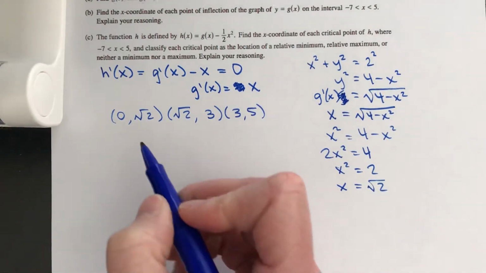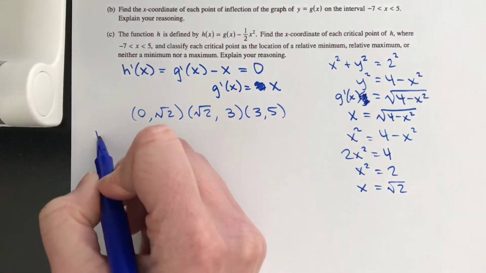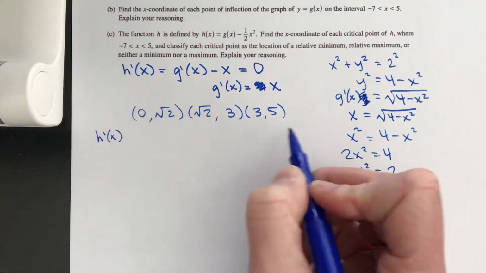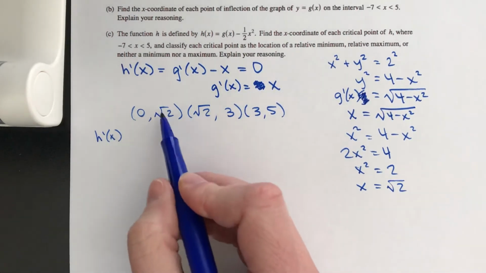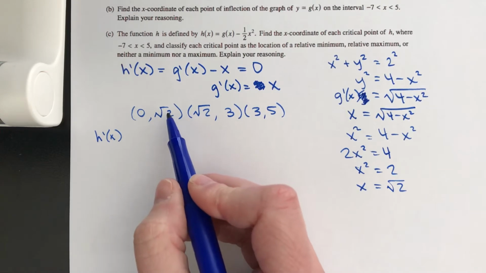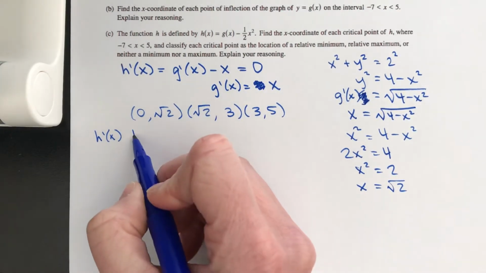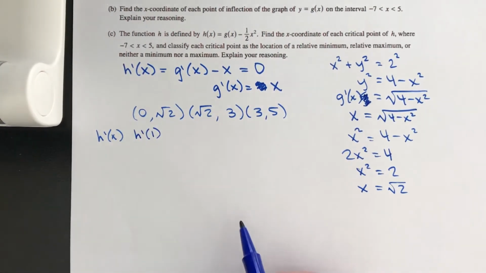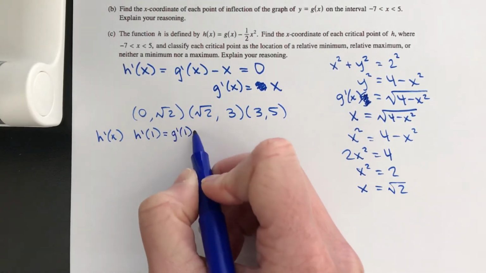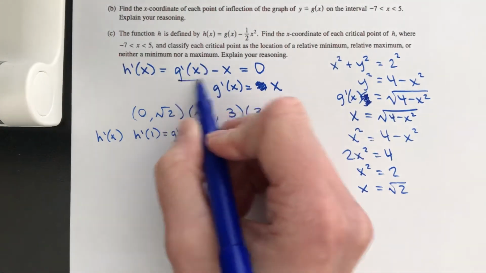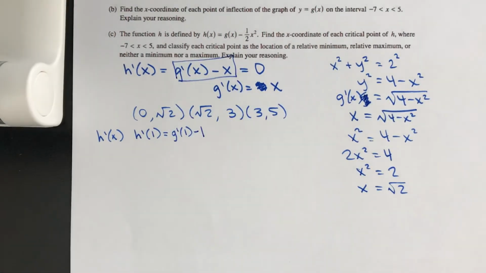I want to check the sign of h prime in each of these intervals, because that's going to help me determine whether my function is going from increasing to decreasing or decreasing to increasing. I know the square root of 2 is about 1.414, so I'm going to find h prime of 1 by plugging it into this derivative equation, which is g prime of 1 minus 1.